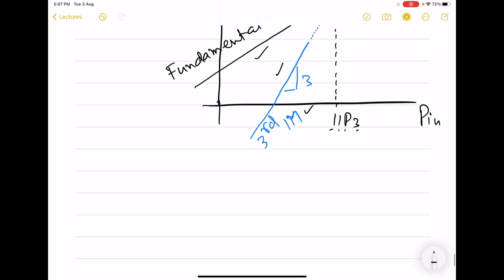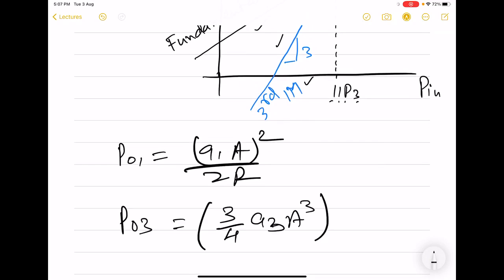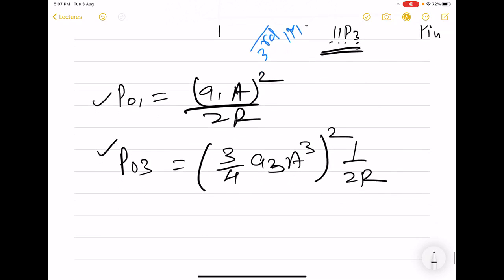So here we have already found out the power for the fundamental or the small amplitude case is going to be this thing. And power for the third intermodulation product is going to be this thing. So this IP3 is the point where these two powers are equal.